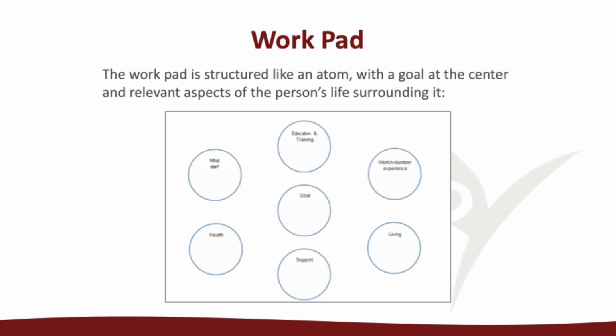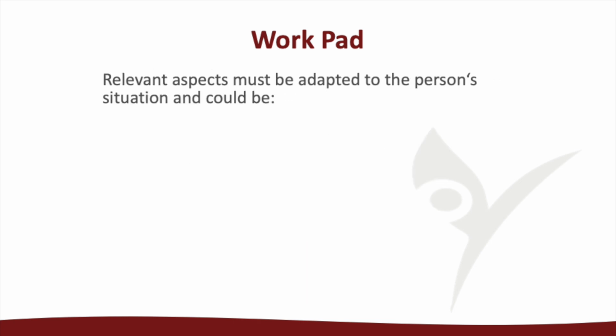The work pad is structured like an atom, with a goal at the center and relevant aspects of the person's life surrounding it. Relevant aspects must be adapted to the person's situation and sometimes it could be necessary to explain these aspects a little bit.